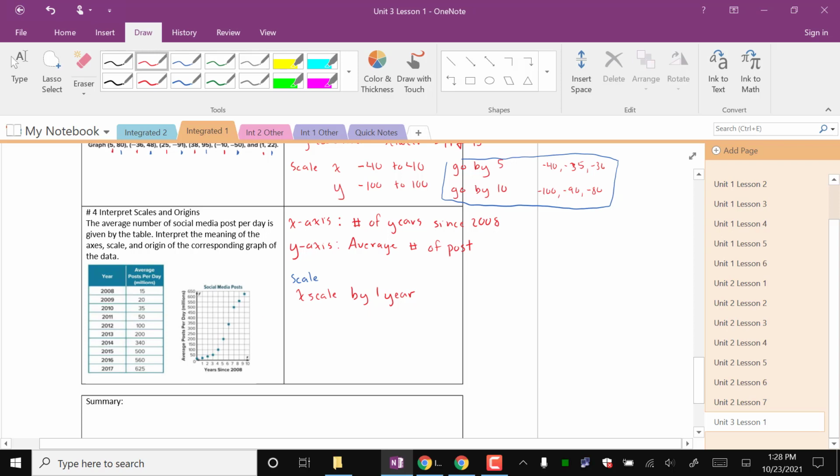Our y, we have 0, 50, 100. So our y scale is by 50.